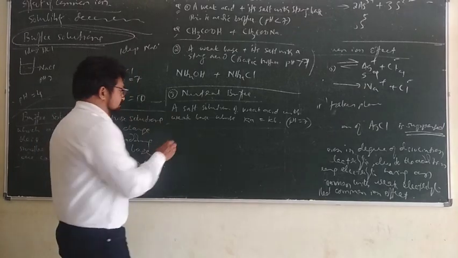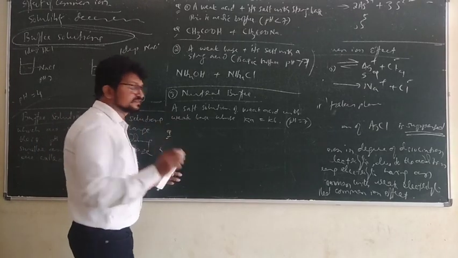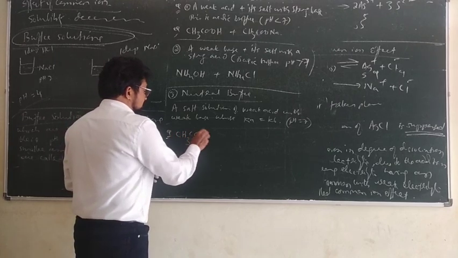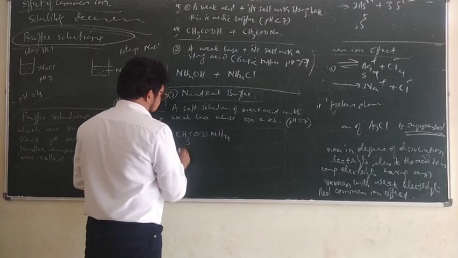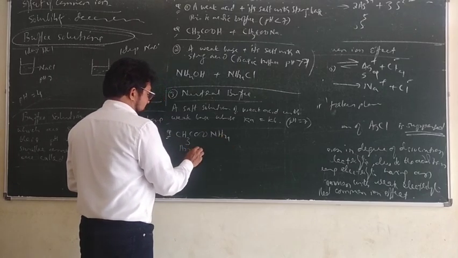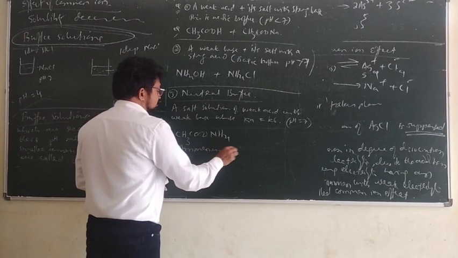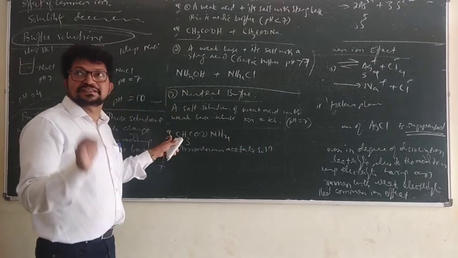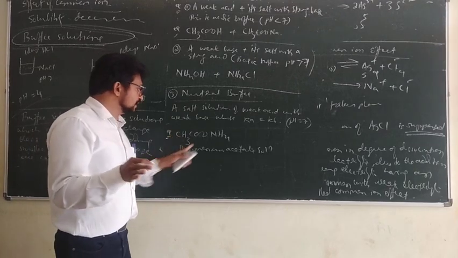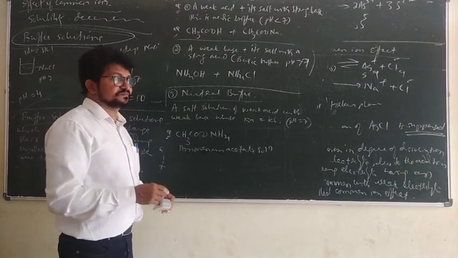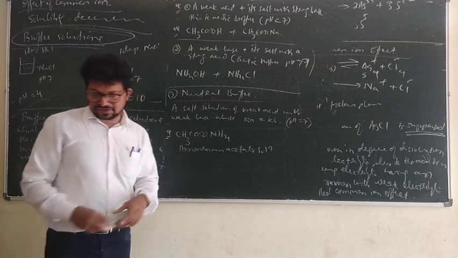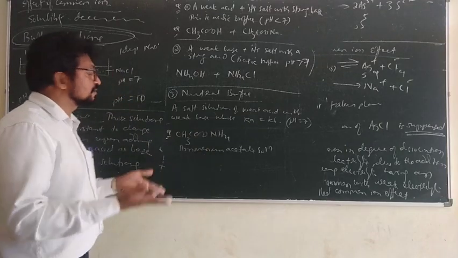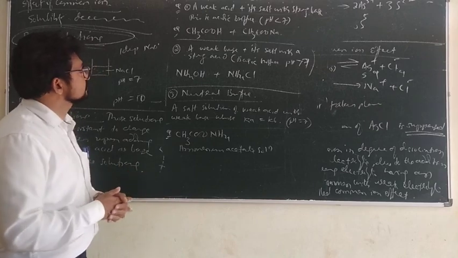For this salt, I will take acetic acid and ammonium hydroxide. So ammonium acetate is one such solution, formed by acetic acid and ammonium hydroxide. The pH is 7 because Ka and Kb are the same, or pKa equals pKb.